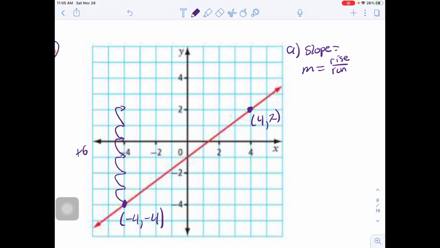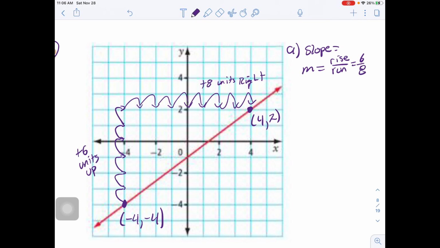So this is plus 6 units up. So my rise will be plus 6. And my run will be 1, 2, 3, 4, 5, 6, 7, 8. And it'll be plus 8 units right. Okay, so there is our slope.